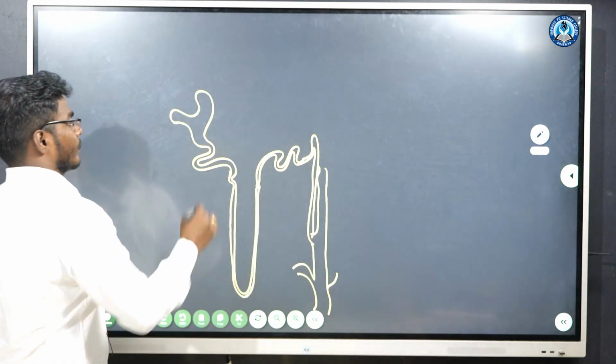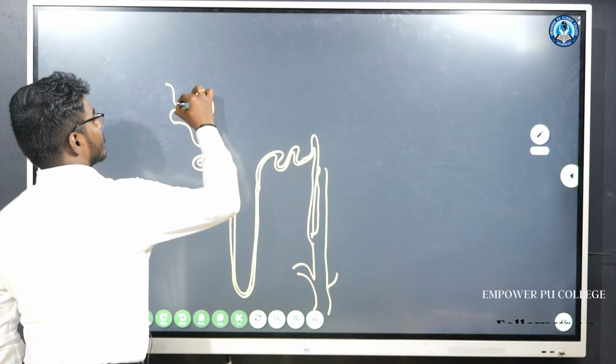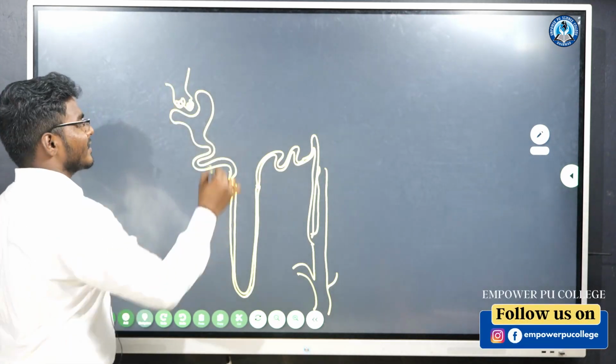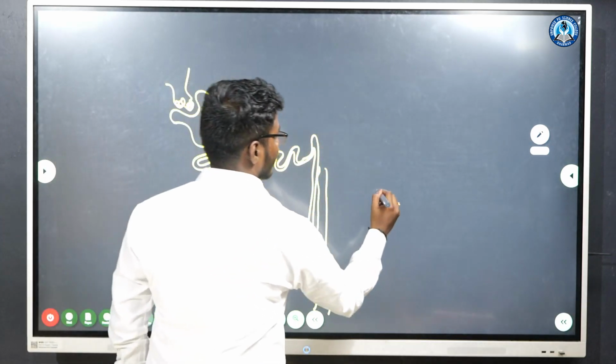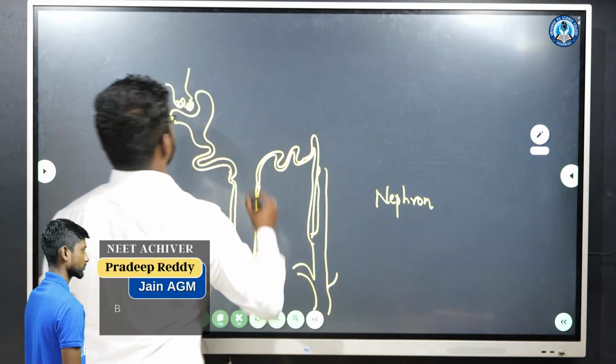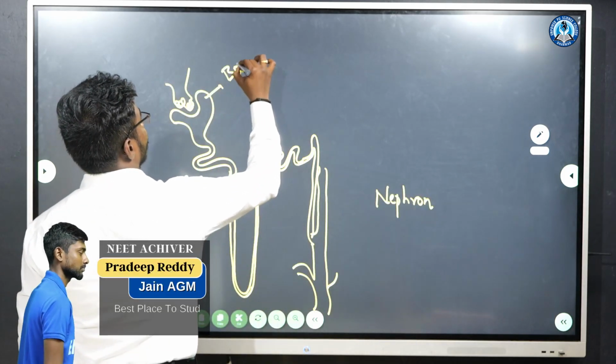So this is the glomerulus. This entire thing is the nephron. This is Bowman's capsule.